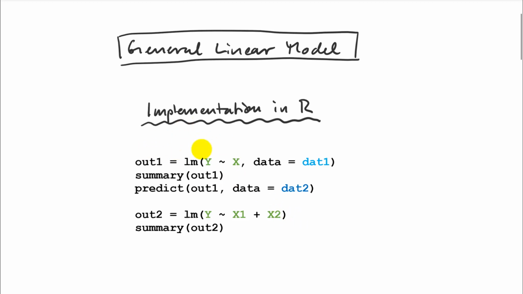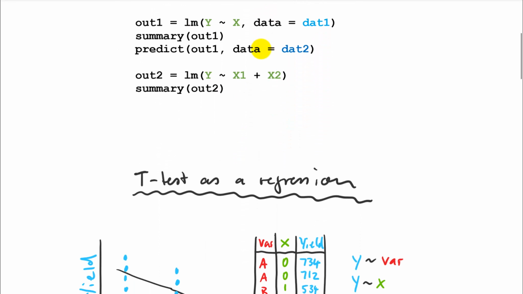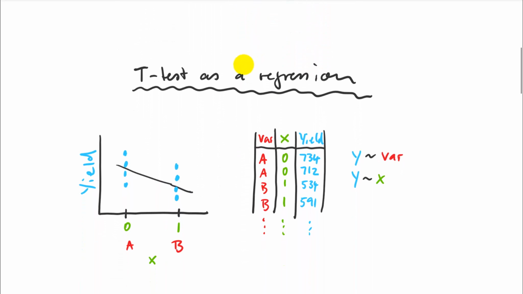Now I mentioned earlier that this is exactly the same function that you used for ANOVA in R. So it's a general linear model. And you can think of an analysis of variance also as a regression problem. So if you have two treatments A and B, you can code them as 0 and 1, and then just do a regression. So if that is a significant correlation, that would also be a significant treatment effect.